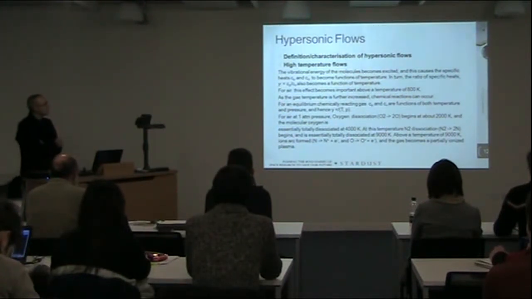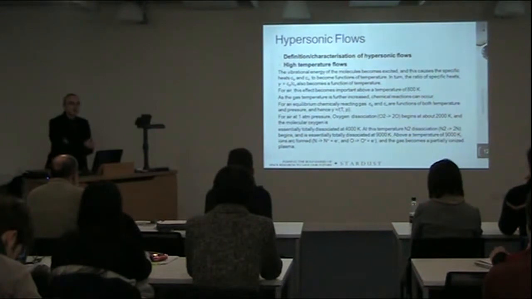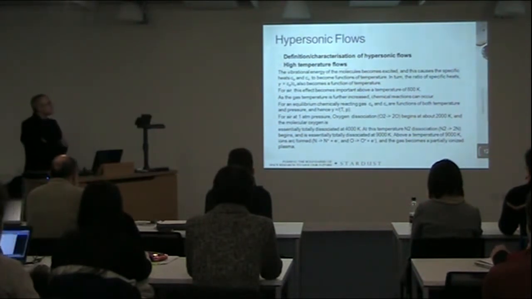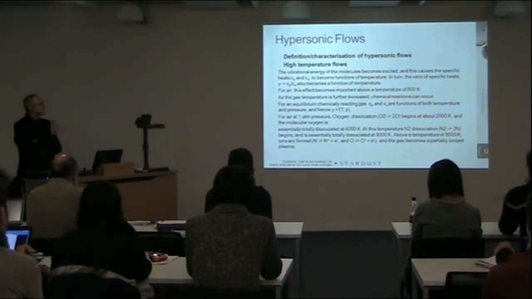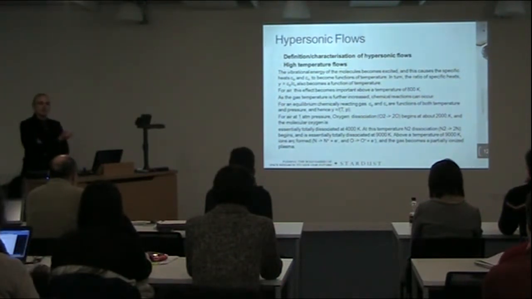We cannot consider the ratio of specific heats as a constant anymore, but it becomes a function of the temperature. And from a certain temperature onward, there are dissociation and also ionization, depending on the temperatures which are involved.